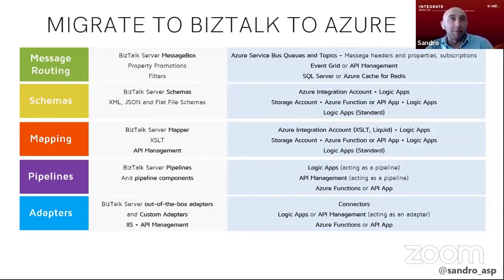For example, BizTalk has these dynamic adapters. So you can use an adapter in a dynamic way, and based on runtime settings, you set the configuration of that adapter. This is not possible to do in Logic App or with the default connectors.